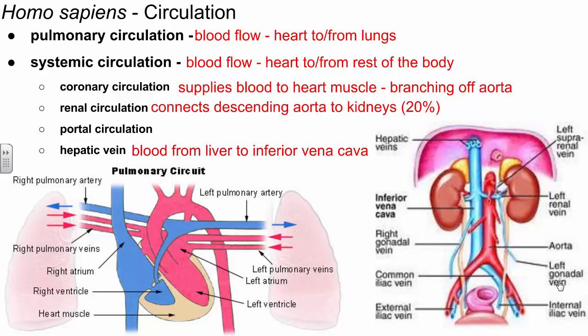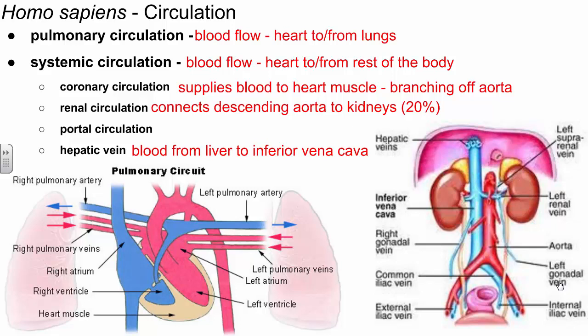Renal circulation. Okay? Renal means having to do with the kidneys. So if we look at this for a minute, as blood leaves our heart through the left ventricle, it goes through our aorta, and then the aorta loops behind the heart.